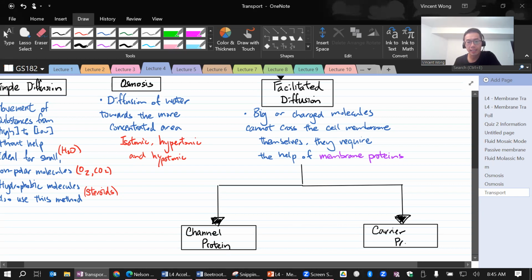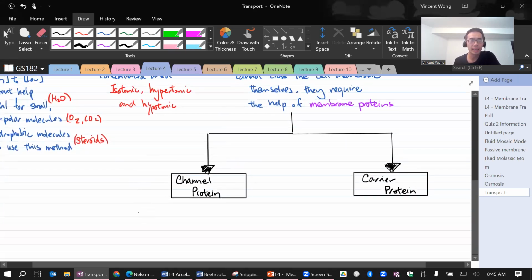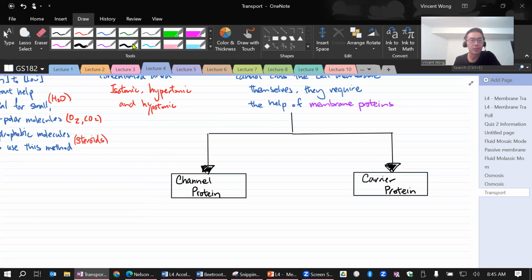They are both facilitated diffusion. They are both membrane proteins that help move things across the cell membrane, but the way that they do it is a little bit different.